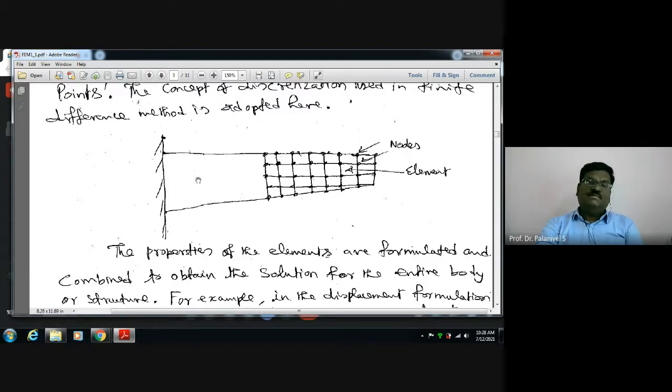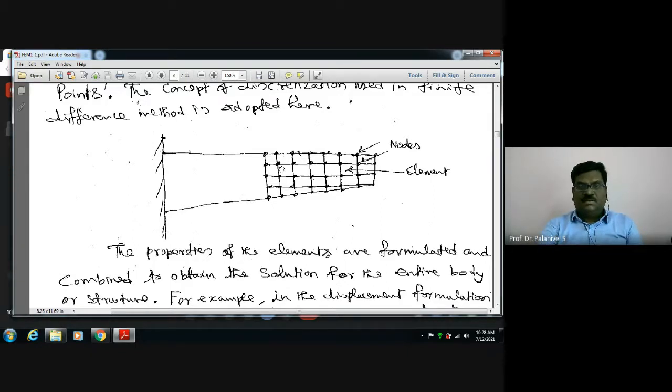Whatever force acts on the body, either point loads or body loads, that is distributed load, will be resolved to act at the joints, or assumed to be concentrated at the joints, called nodal forces. We will make such an approximation. That will give you the nodal force vector.